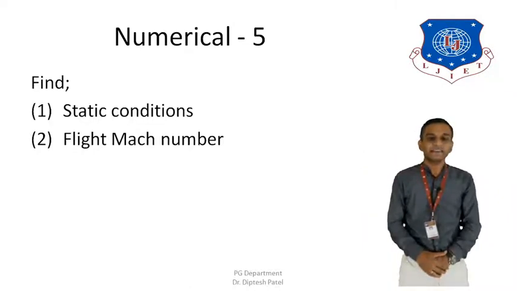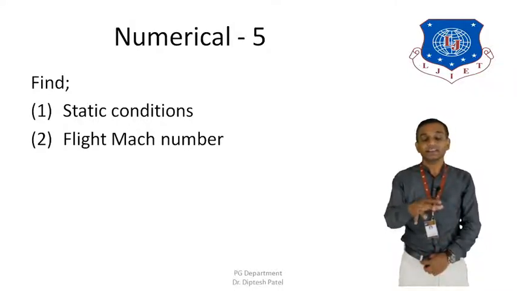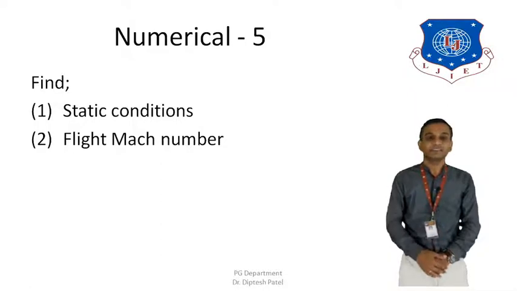The first thing is the static conditions, and the second one is the flight Mach number. So in static conditions we need to calculate the static pressure and static temperature both. So this is the first finding, and the second one is the flight Mach number.